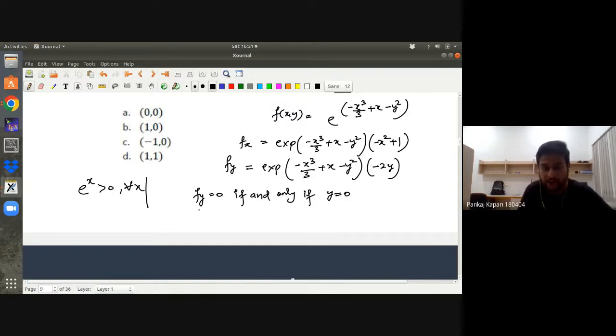Again, fx is 0 if and only if x square equals 1, that is, x equal to plus minus 1.